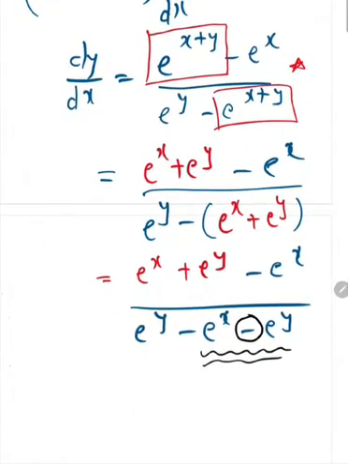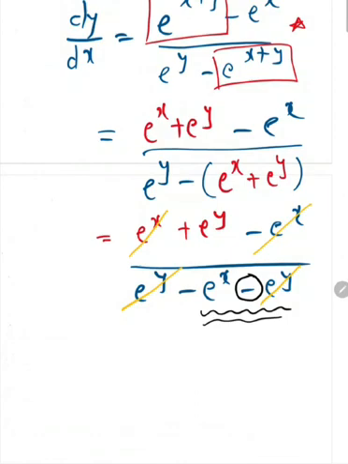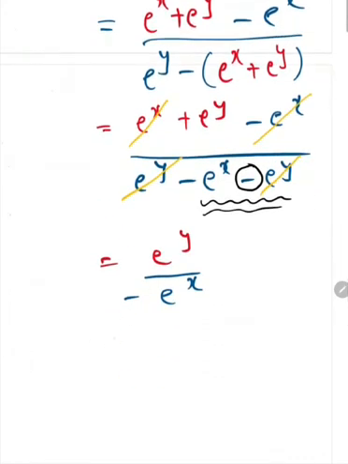So can we cancel something here? If you observe, in the numerator we can cancel e power x. In the denominator we can cancel e power y with minus e power y. So what are we left with here? We are left with e power y in the numerator and minus e power x in the denominator. Now I am just keeping the minus here. Can I write e to the power y minus x?